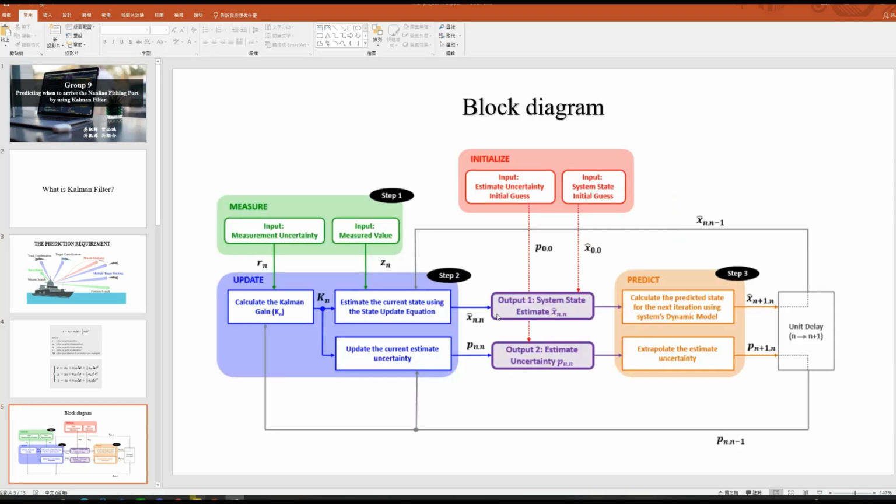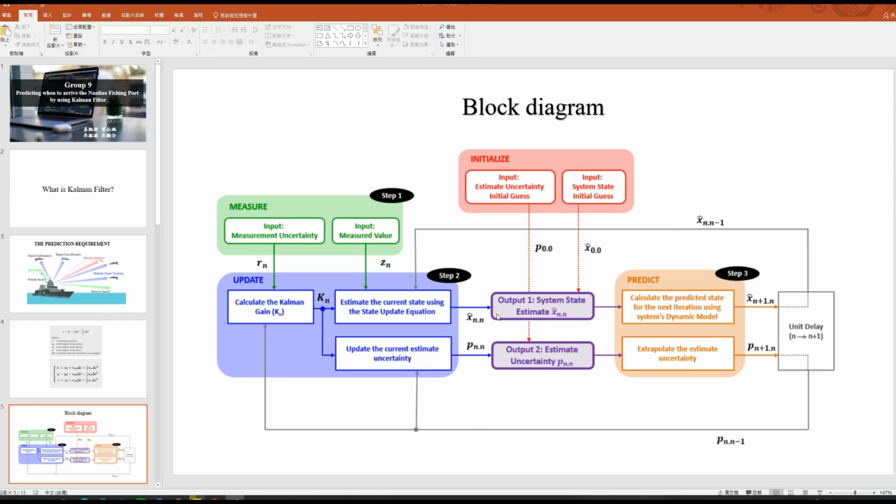Okay, so this is the block diagram of the Kalman filter. At the beginning, we must input two vectors: one is the state vector and one is the uncertainty. Then the time update is performed through the orange block, and we will get the prediction of the state and the uncertainty.